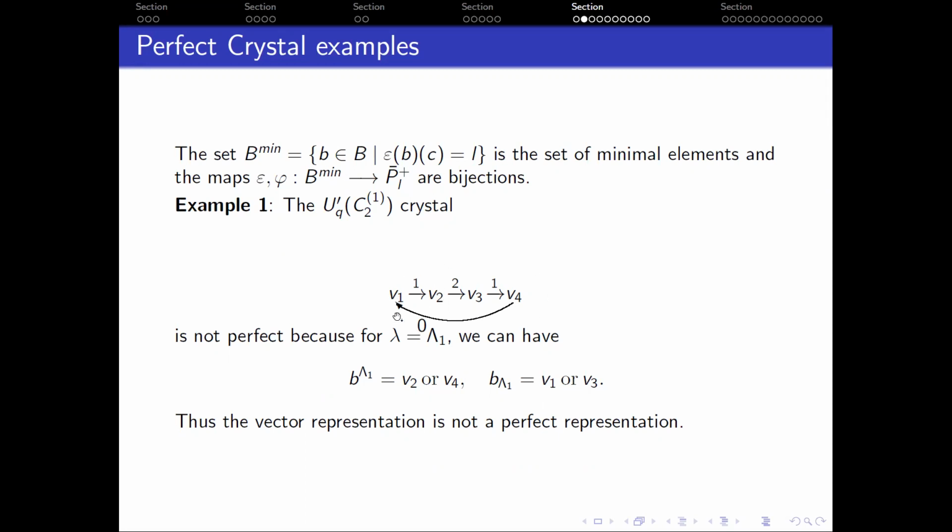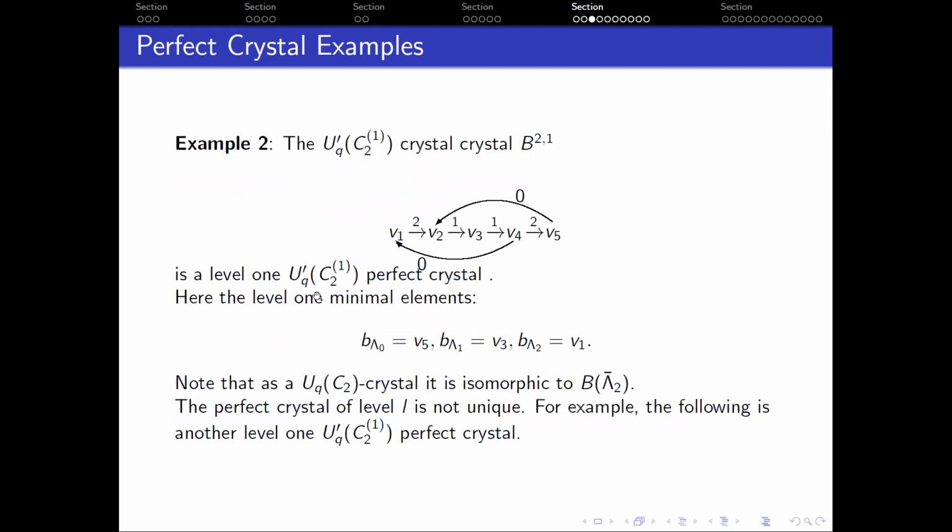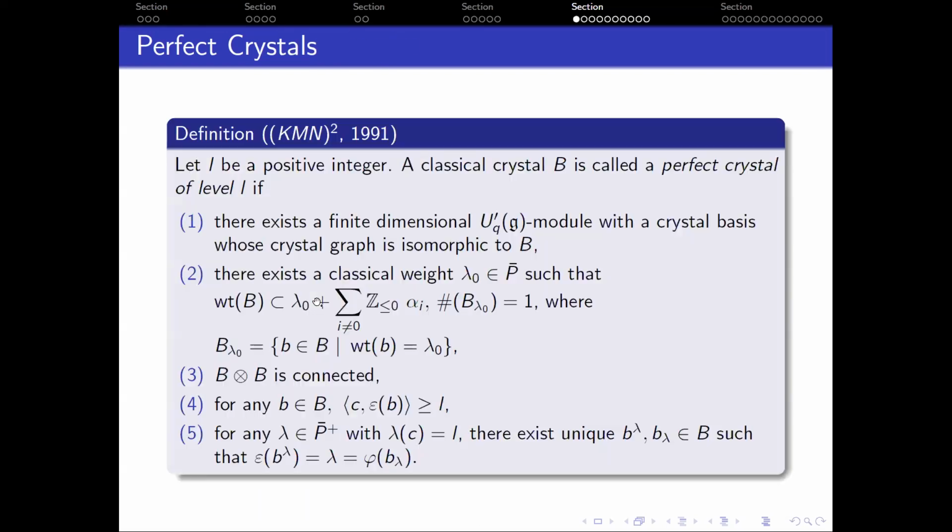However, this level 0 affine representation is not a perfect representation. The reason is that there is no uniqueness of B upper lambda 1 and B lower lambda 1. By definition, epsilon of B upper lambda 1 should be lambda.